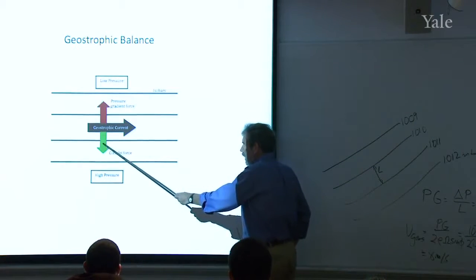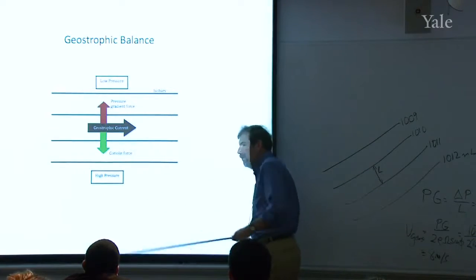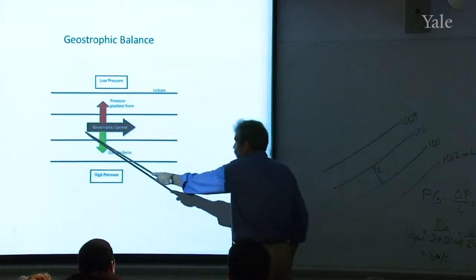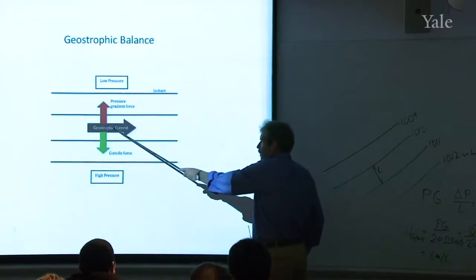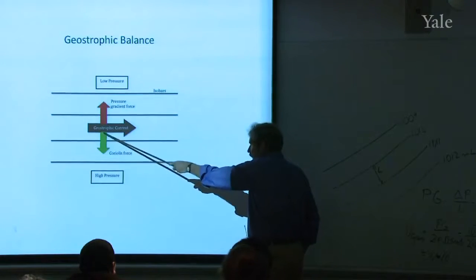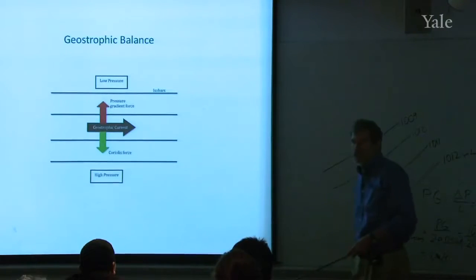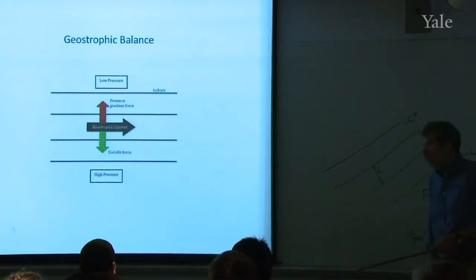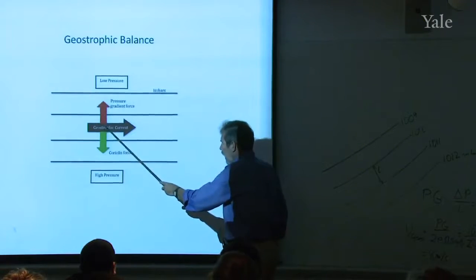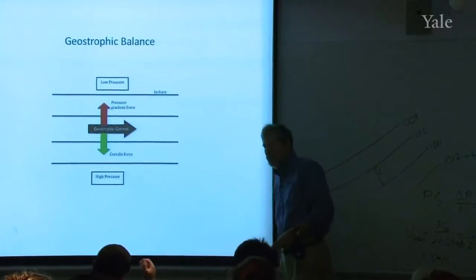If the force must be like that, then what must the air be doing? How must it be moving? It must be moving then from west to east so that the Coriolis force, which is at right angles to it, has the orientation given by the green vector. So this is the only consistent way. Once I draw in that pressure gradient force, then that vector and that vector are locked in.